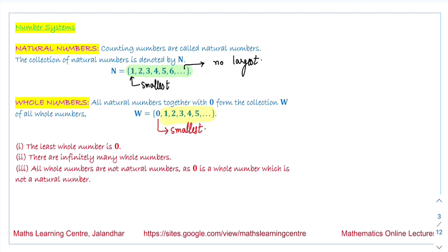So whole numbers are all the natural numbers and the number 0. Just like the natural numbers, there are infinitely many whole numbers, and 0 is the whole number which is not a natural number.